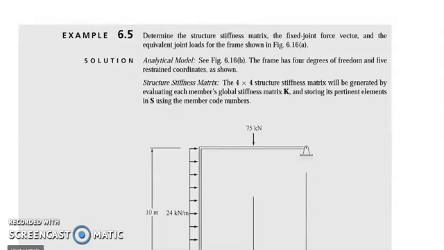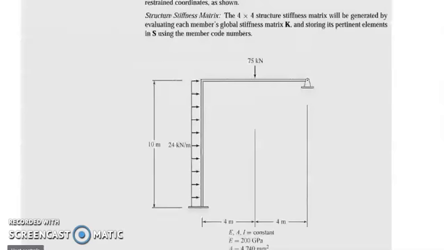So for our problem, determine the structure stiffness matrix, the fixed joint force vector, and the equivalent load for the frame as shown in the figure. For our frame, we are given a 2-member plane frame. We have here a concentrated load acting, and a uniform loading acting on 1 member.